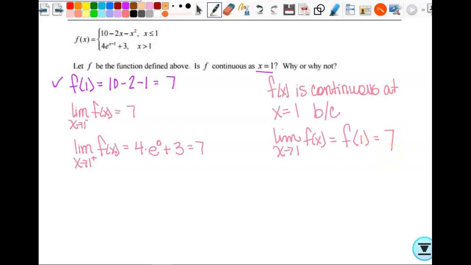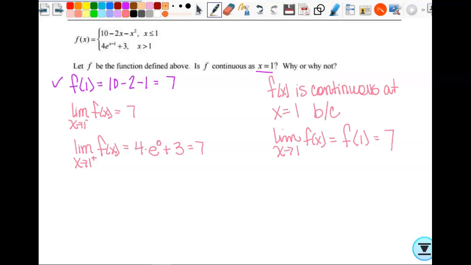That's your definition of continuity. The point exists, the limit exists, and they're all equal to each other. Boom. Do you understand how to explain those things? Any questions at all? Okay, so that's one way to use it.